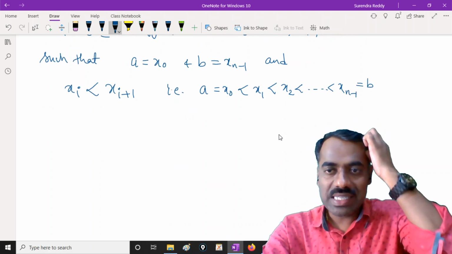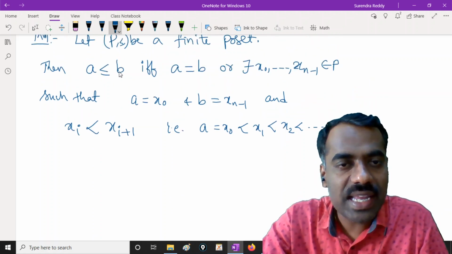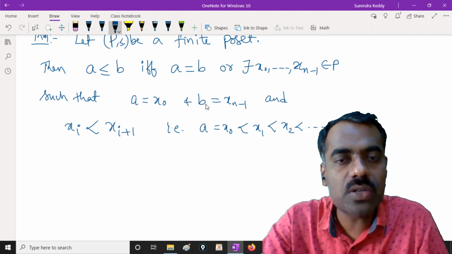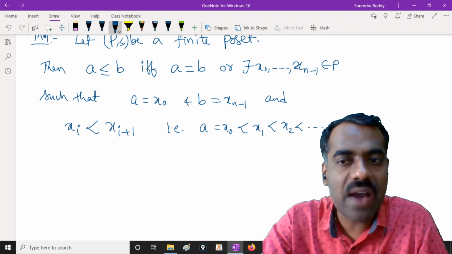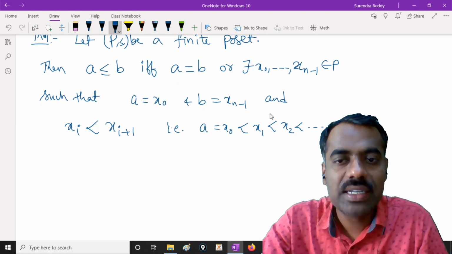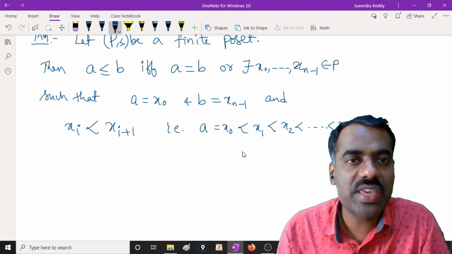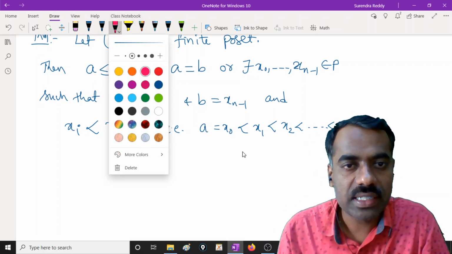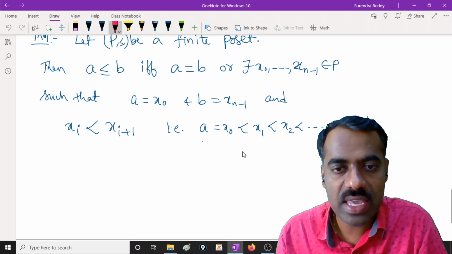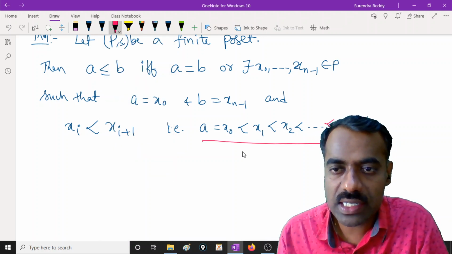So what is this statement? If A is less than or equal to B, then either A is equal to B, or between A and B you will have some elements forming covering relations. Is this clear? Whatever you have here are all covering relations, not just less than.